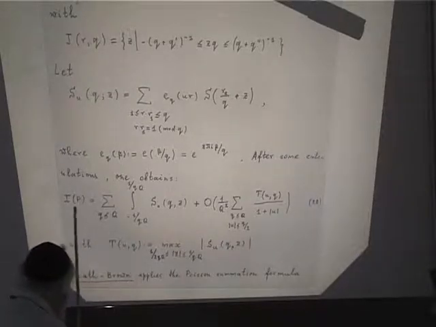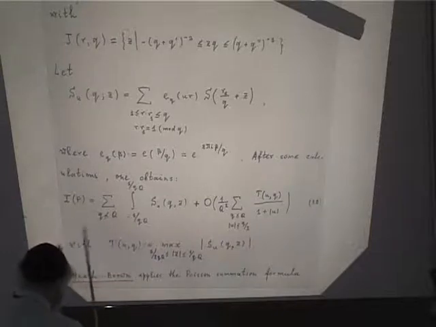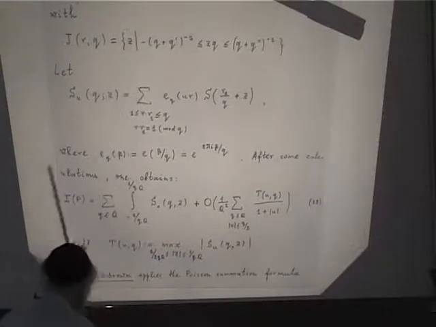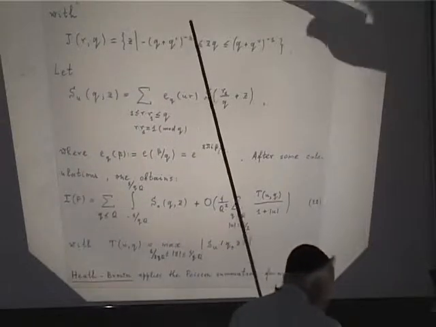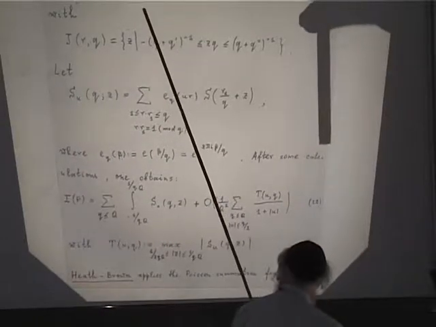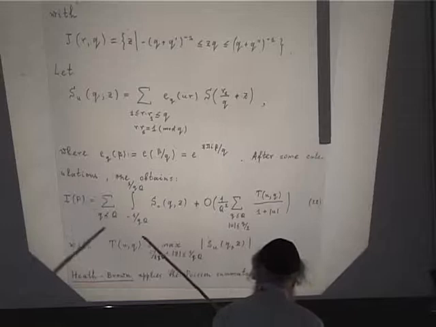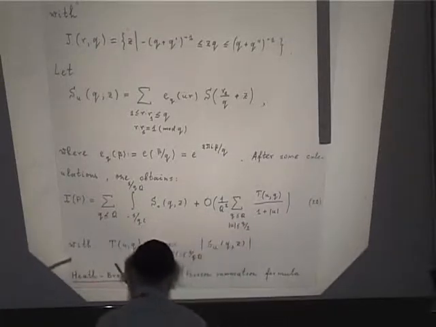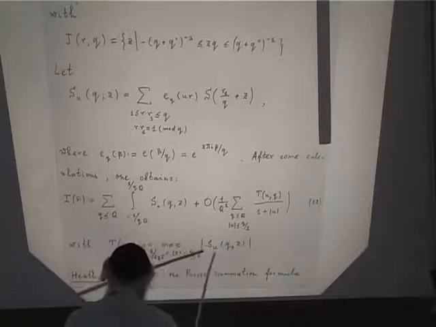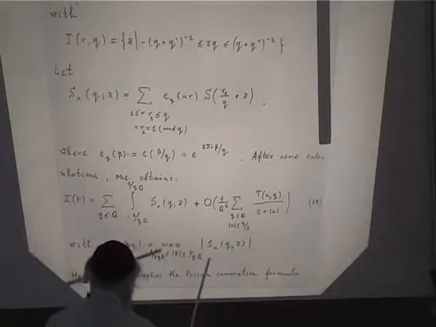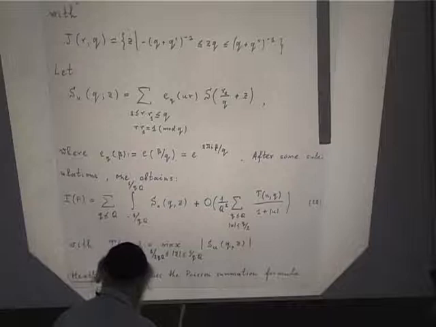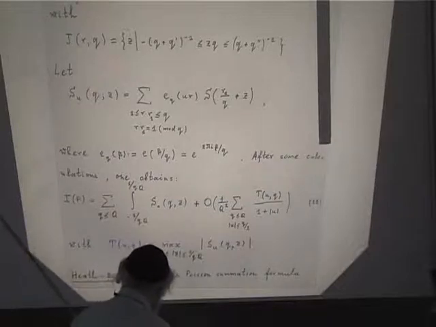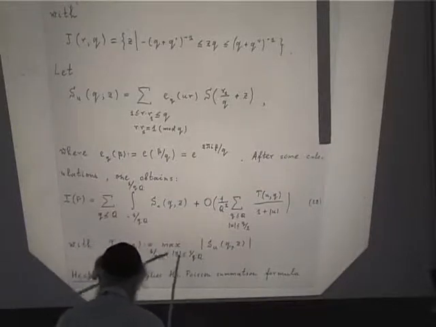After some calculations, Brown obtains from the formula above a simplified formula, where C sub u q is the maximum of this sum over this interval.